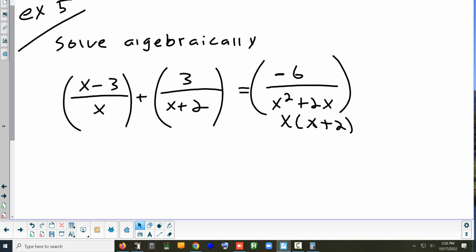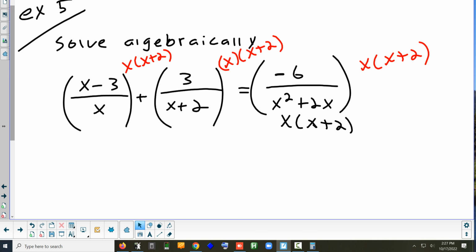And can somebody tell me what we would multiply every fraction by to cancel all my denominators? Chris? X plus 2. So put an x plus 2, x plus 2, x plus 2.